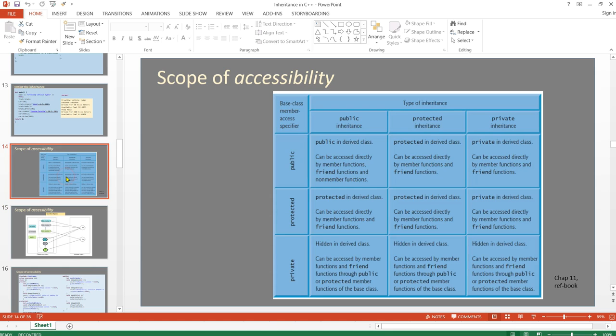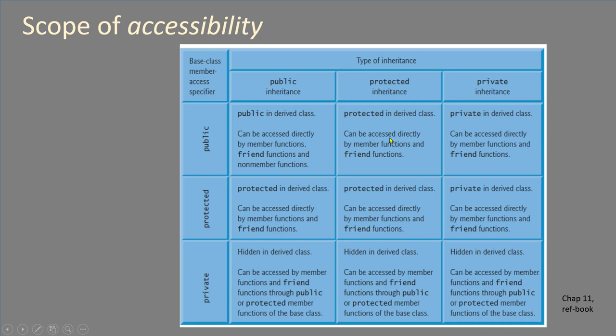So in order to discuss this in detail, let me first highlight what this slide tells about. I have a base class, and I have different members, data members and member functions. In the base class, I have divided my members, that means data and functions, with three different scope delimiters, that is private, protected, and public.